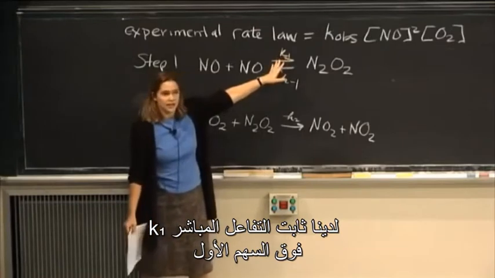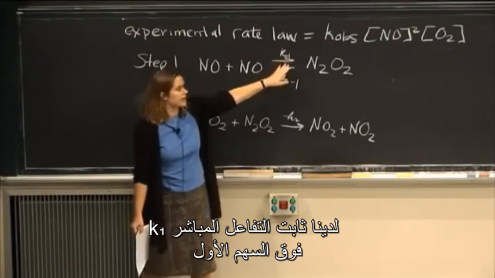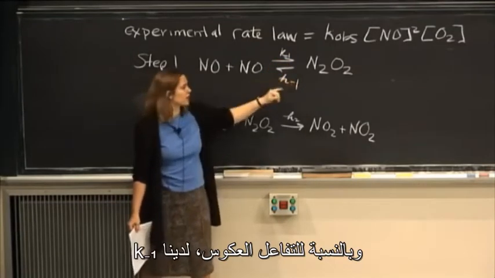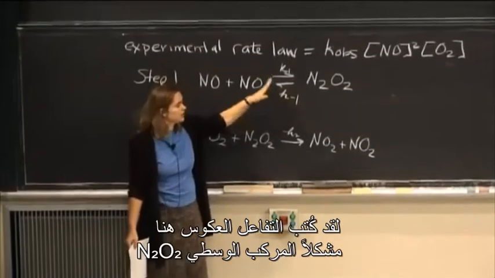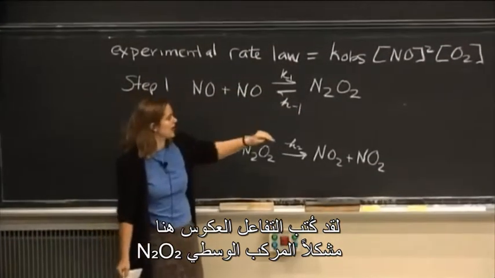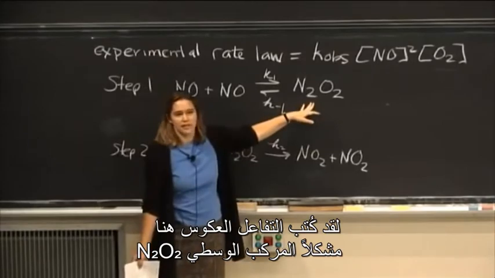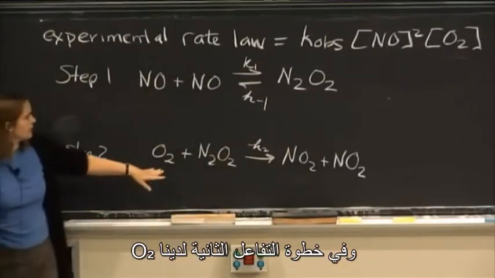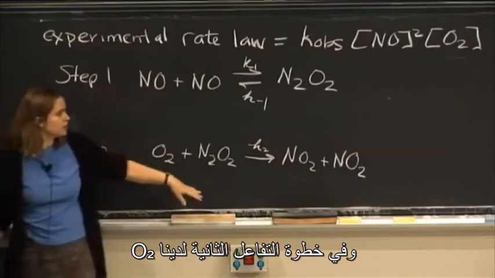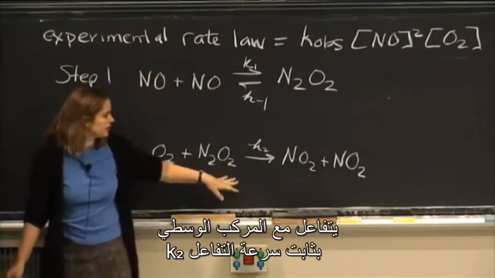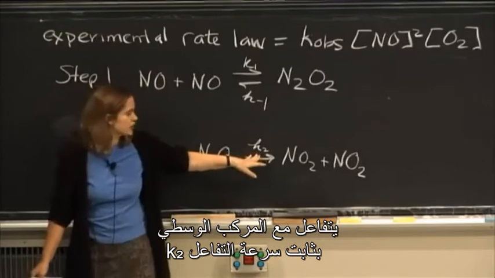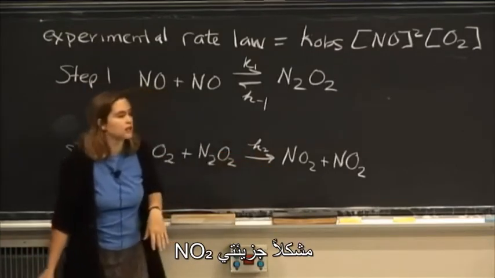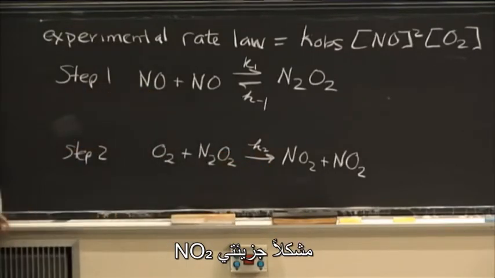There's a little rate constant K1 above the first arrow. And for the reverse direction, we have K minus 1. So this is written as a reversible reaction, and it's forming an intermediate N2O2. In the second step, we have the O2 coming in, reacting with that intermediate with a rate constant K2, and it's forming 2 molecules of NO2.